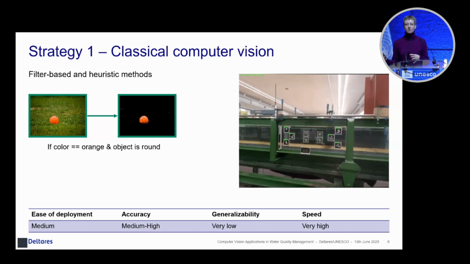But when a plastic became more translucent or had more arbitrary shapes, or it would change during the experiment, the classical computer vision method would not suffice. So although it was super fast and easy to deploy, although you had to manually tune it for every type of plastic, it was not scalable to this project, but also probably not to other experiments.